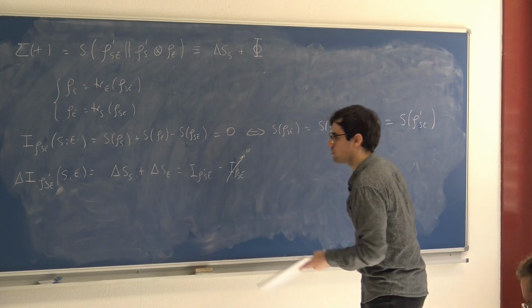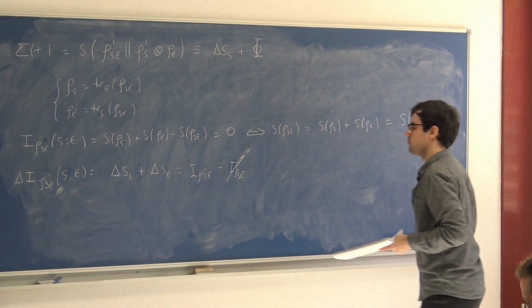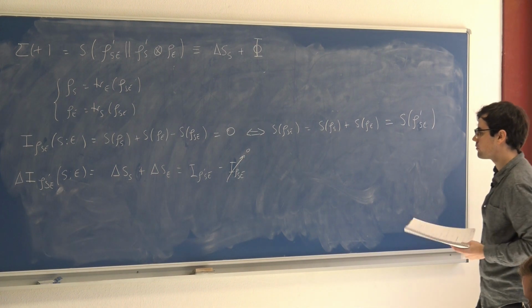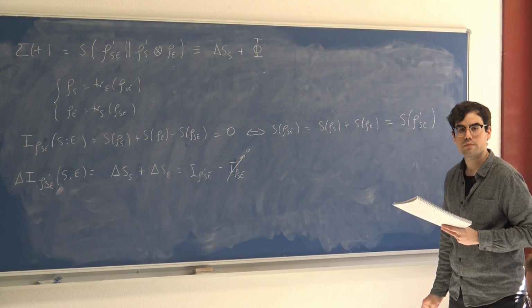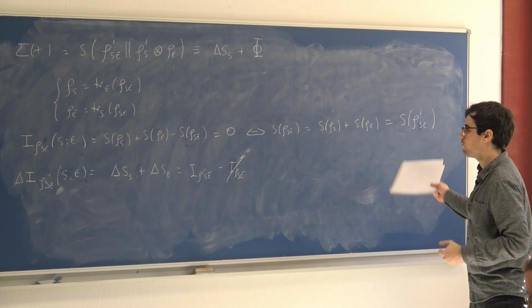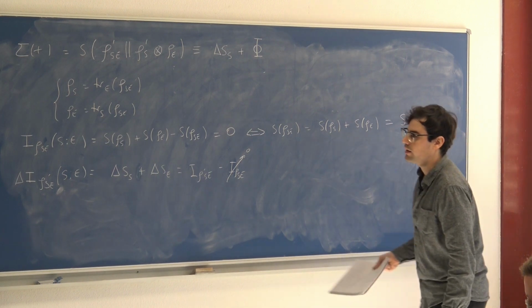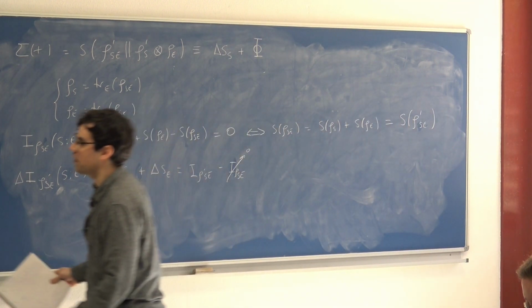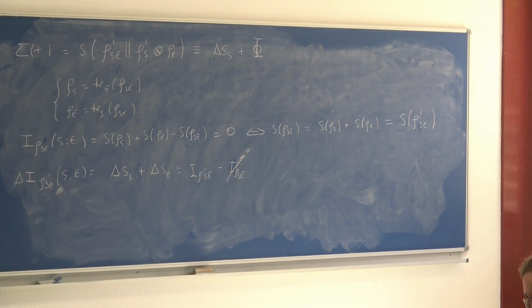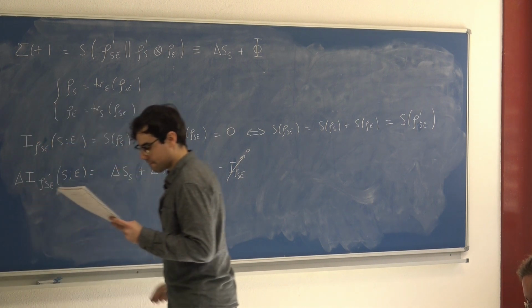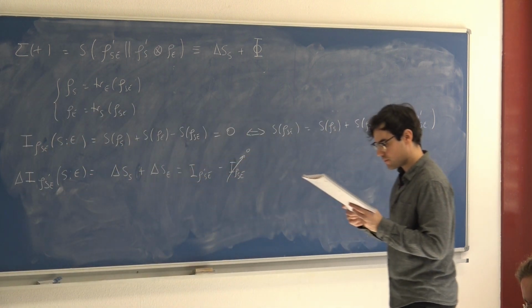This is 0, so one would get this term here. Is it clear? Simply, we consider that the evolution is unitary and the system and the bath and environment are initially uncorrelated, given by this expression. Okay?